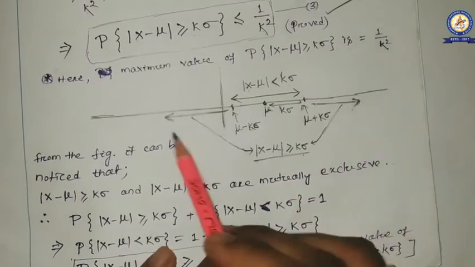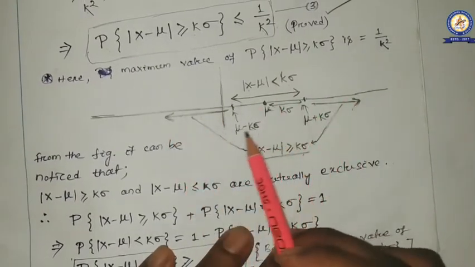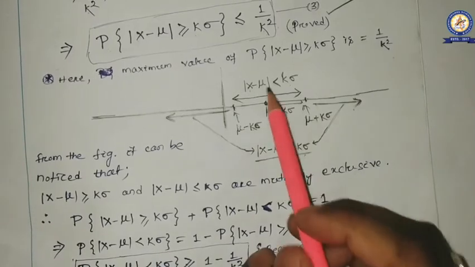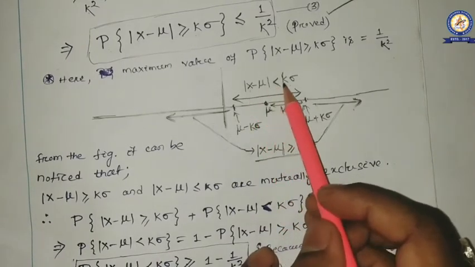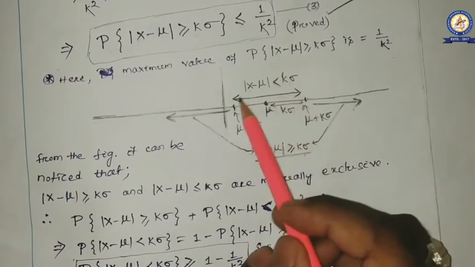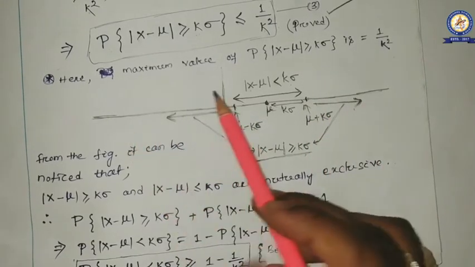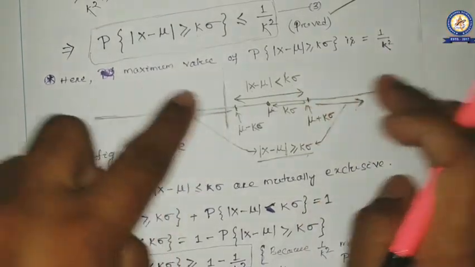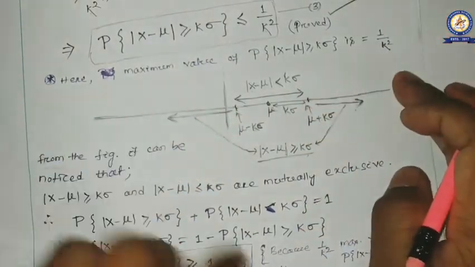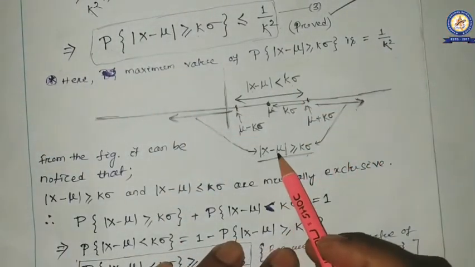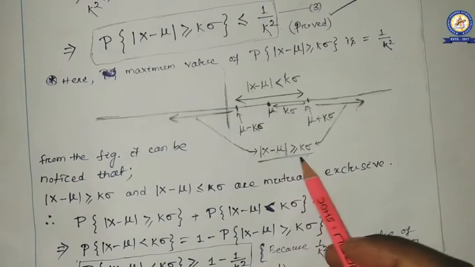And here in general two ranges have been represented. You can see that mod x minus mu less than k sigma is nothing but this range, and beyond this point, whatever the values of x are, is represented as mod x minus mu greater than or equal to k sigma.